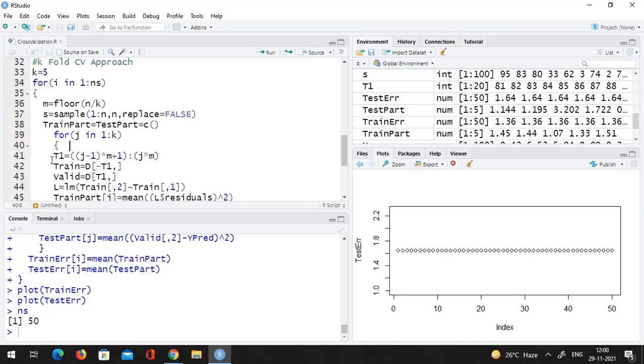The sample is the same for all i. No, the sample is also different. Then what is the problem? The sample is different every time I'm taking a sample. Then what is the issue?